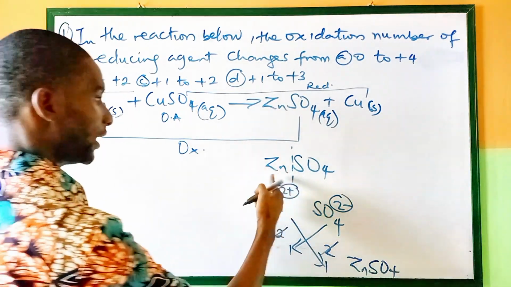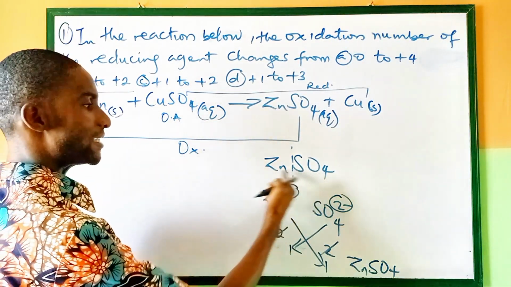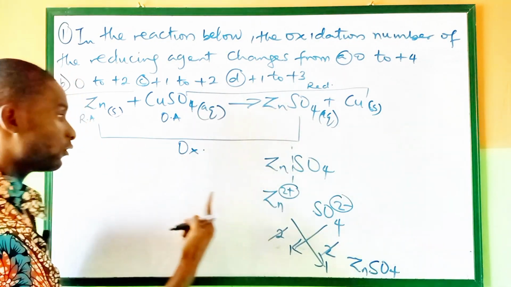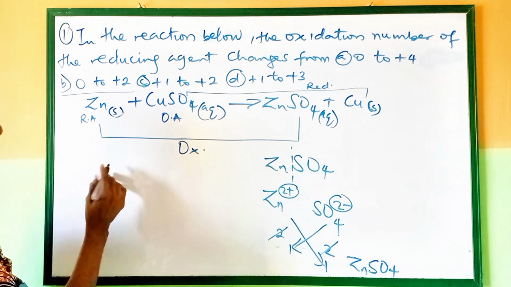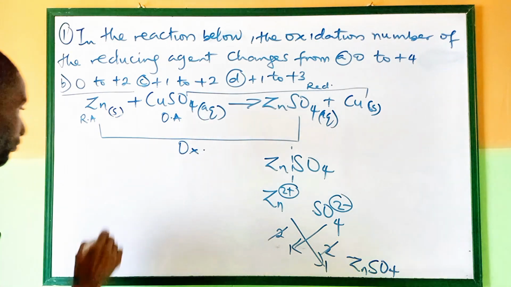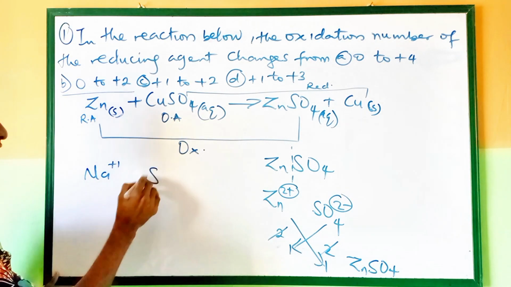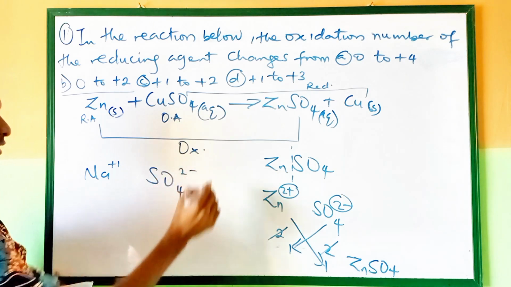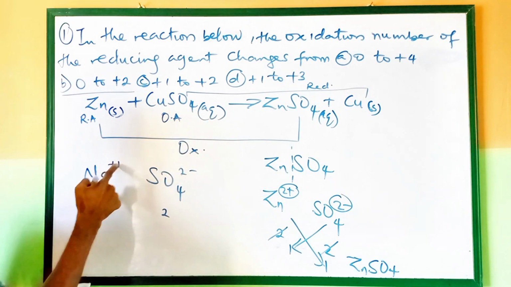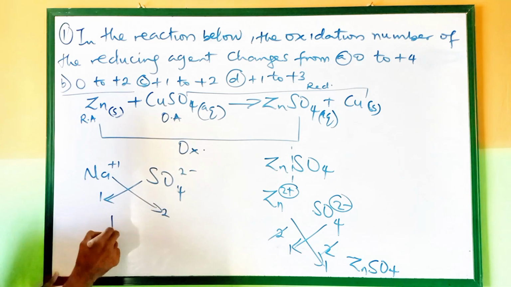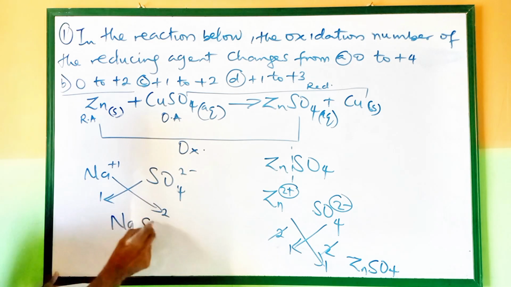Alright? So, assuming you had an element that has oxidation of 1, for example, let us take sodium. Sodium has oxidation number of plus 1, reacting with sulfate, which is minus 2, 1 and minus 2. So they will exchange their oxidation number, and that will be Na2SO4.